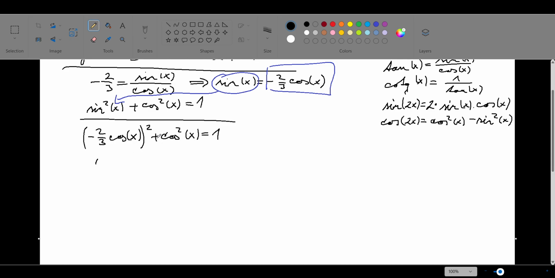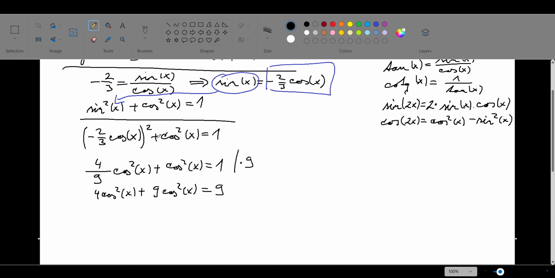So 2 squared is 4 over 3 squared is 9 times cosine squared of x plus cosine squared of x is equal to 1. The next step I want to do is to get rid of the fraction, which means I will multiply both sides by the number 9, which is then going to be 4 times cosine squared of x plus 9 times cosine squared of x is equal to 9.